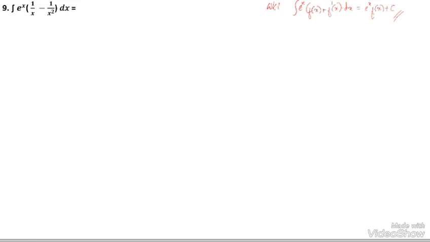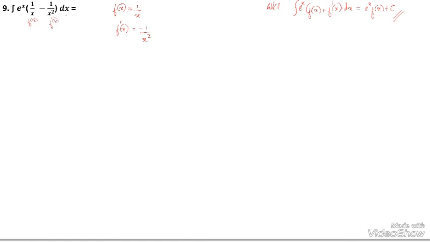Here, in that function I can take f of x as 1 by x. Differentiating, the derivative of 1 by x is minus 1 by x square. So this is f of x and this is the derivative of f of x.